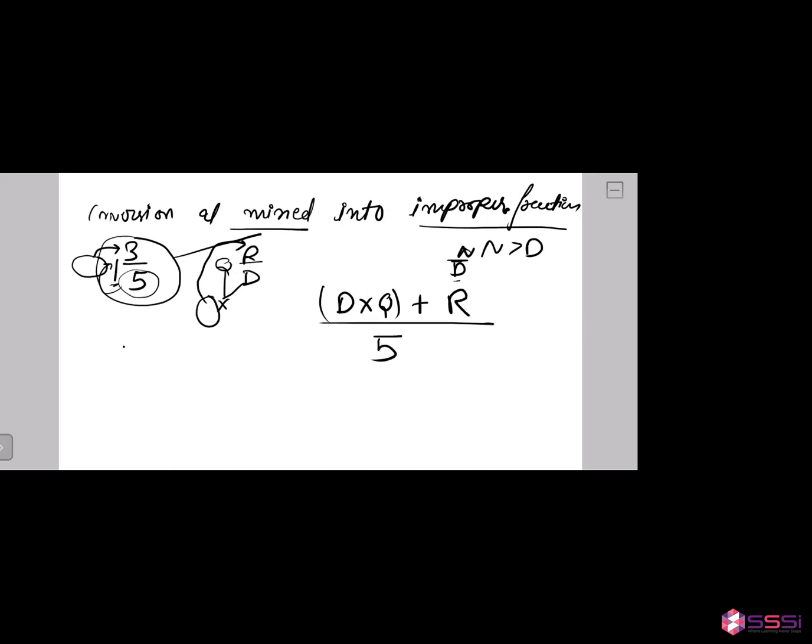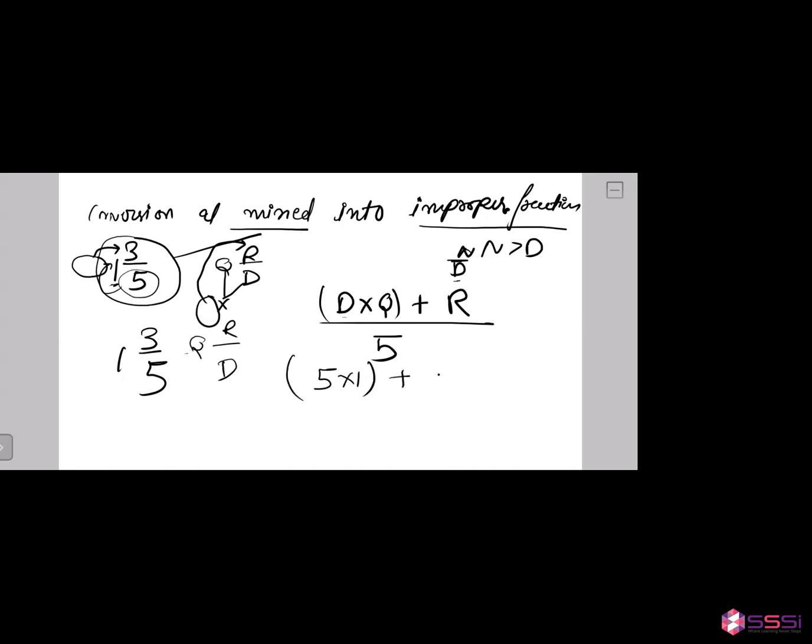So the number is 1 is to 3 by 5. Put the value in this. 5 multiply with 1. D multiply with Q, this is D. R upon D. D multiply with Q, 5 multiply with 1 plus what is R?